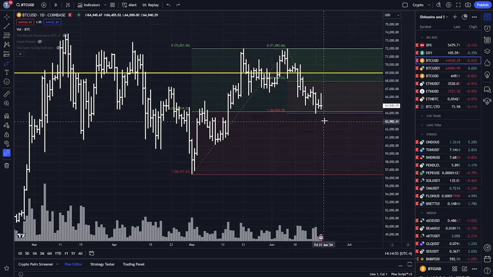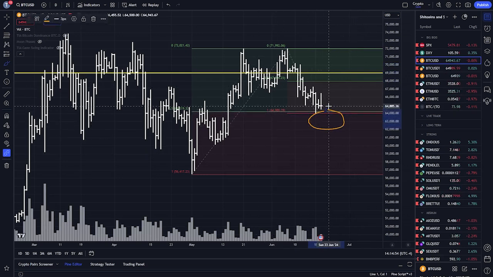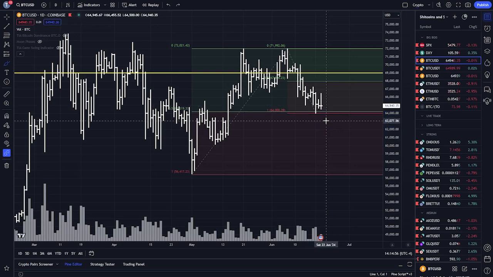If we do go below, now the situation would be different. If we start closing below that, I would expect a significant correction, mostly in terms of time, and then in terms of price as well. But I don't expect a big correction in terms of price. Why is that?